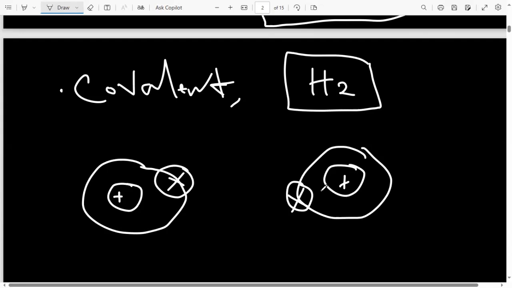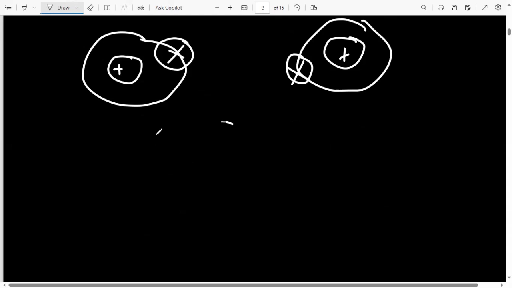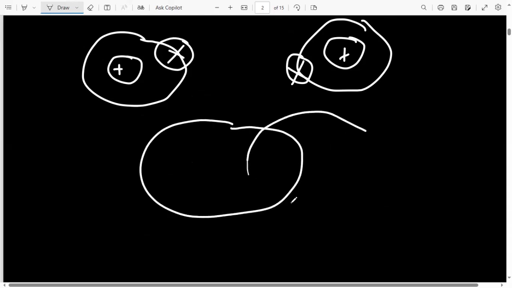A stable state can be 2, 8, or 18. Since these have one electron, they will tend toward stability. So they will come close together and share the electrons, this electron from this one and another electron from the other one.